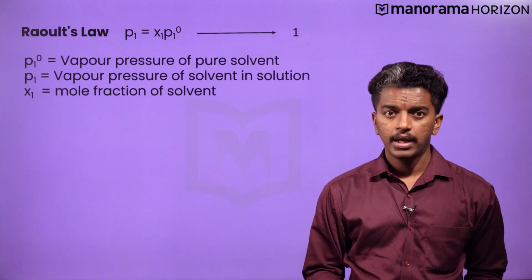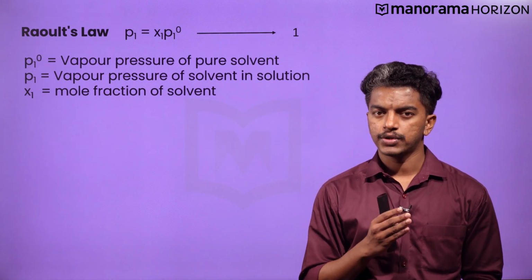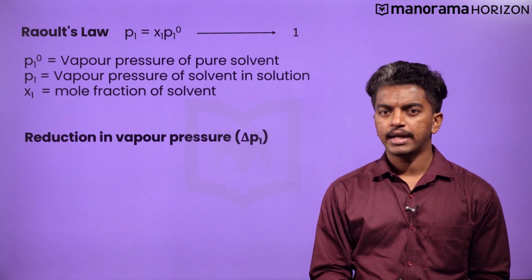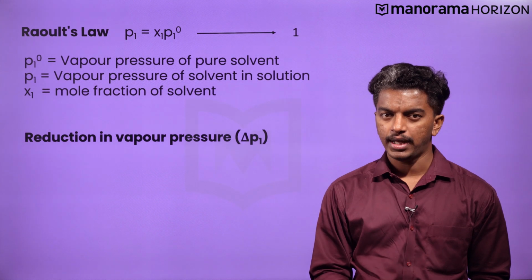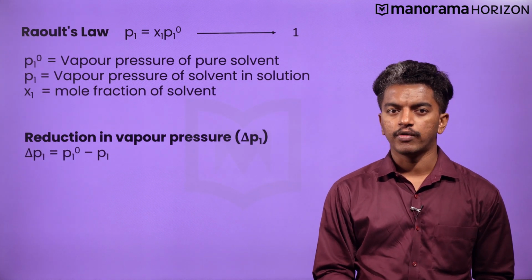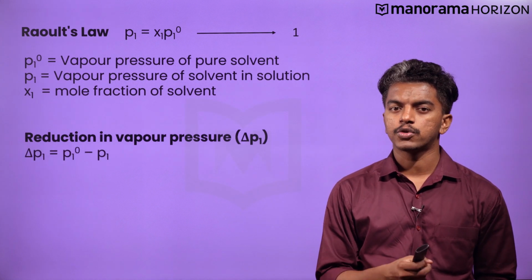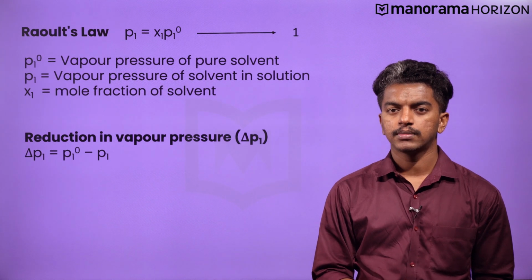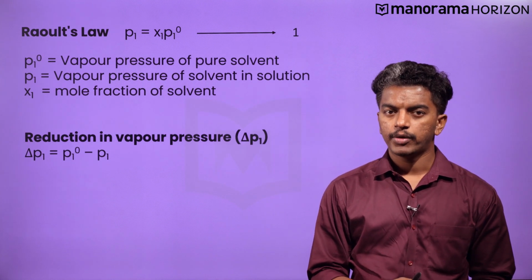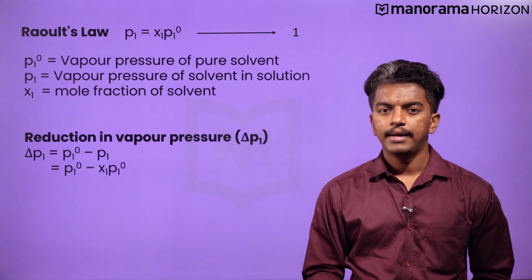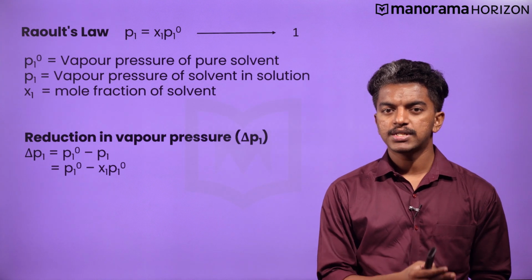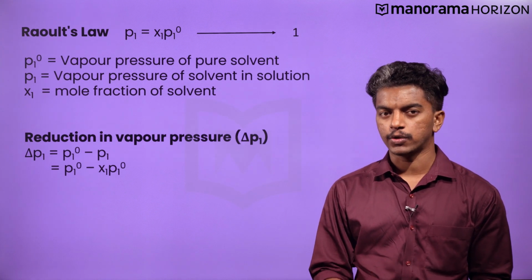the solvent. Now, the lowering in vapor pressure of the solvent, delta P1, can be represented as the difference between the vapor pressure of the pure solvent P1 0 and that of the solvent P1 in the solution. Substituting for P1 from equation 1, you may rewrite delta P1 equal to P1 0 minus X1 P1 0.